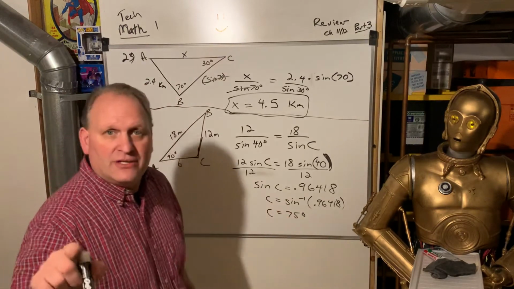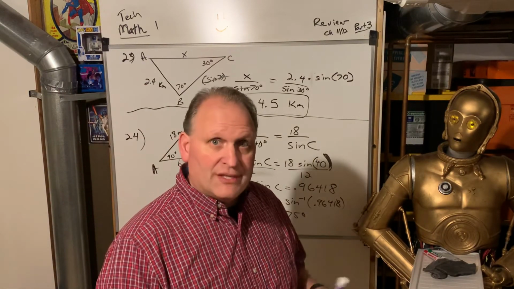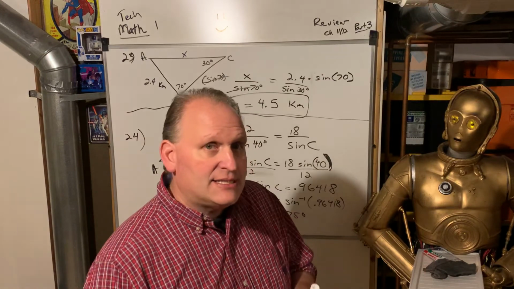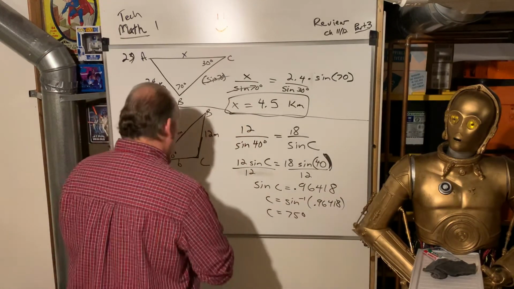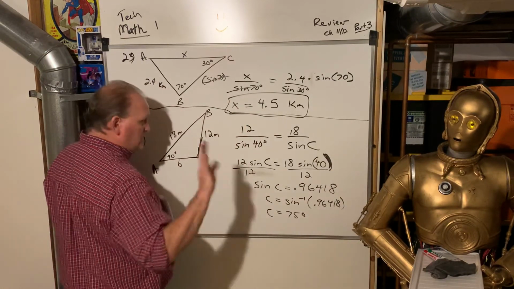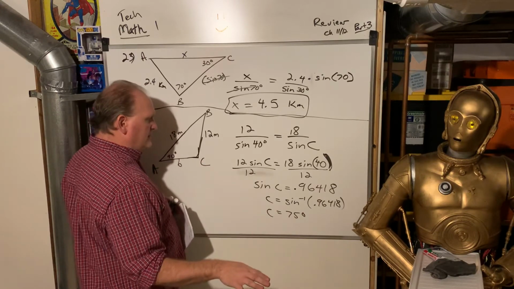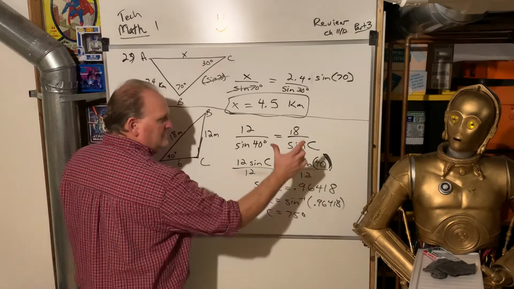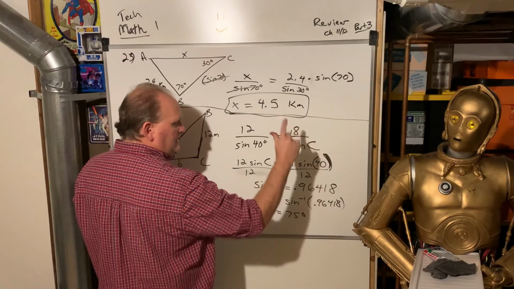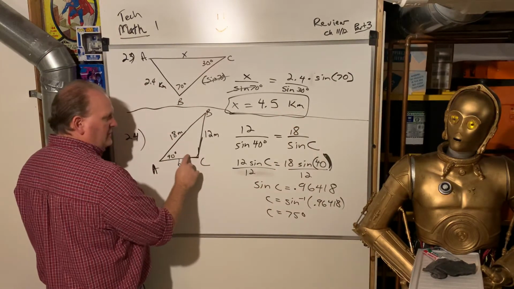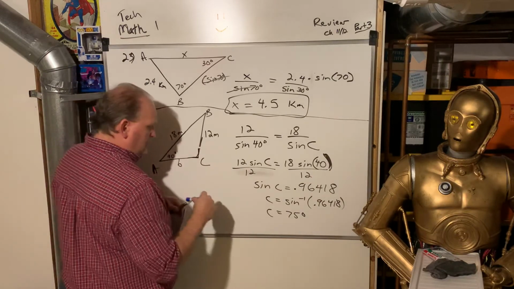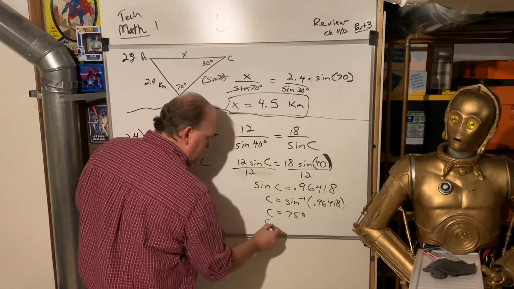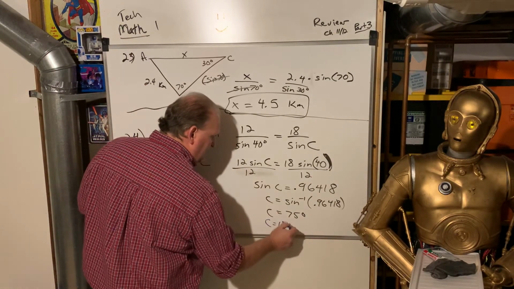This is what I was telling you in the notes about the law of sines. Sometimes it can happen with just law of sines. Law of cosines is always locked in, but with the law of sines, this is an angle that's less than 90 degrees, but we're looking for the angle that's more than 90 degrees. So it is not 75 degrees, it is the supplement.